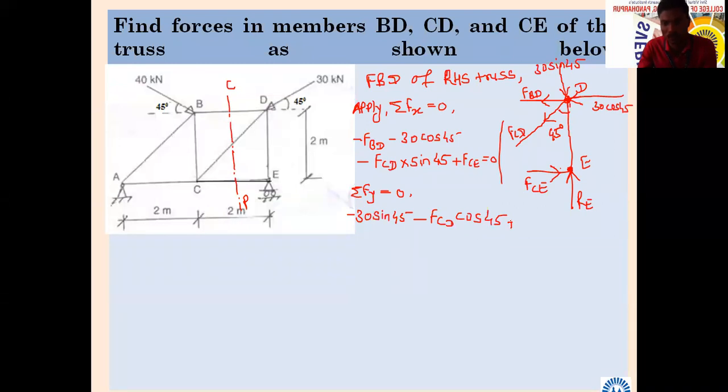What is the value of RE? We have calculated 38.89. Put that value and tell me what FCD is equal to.